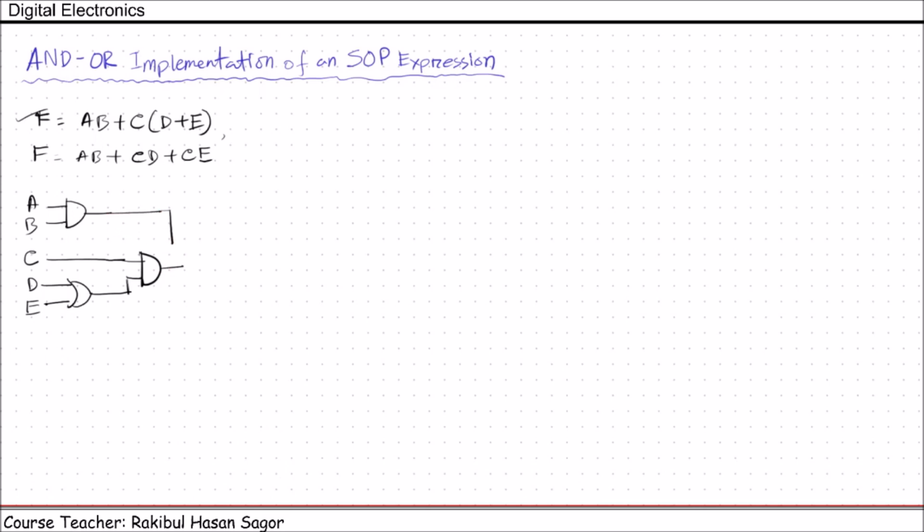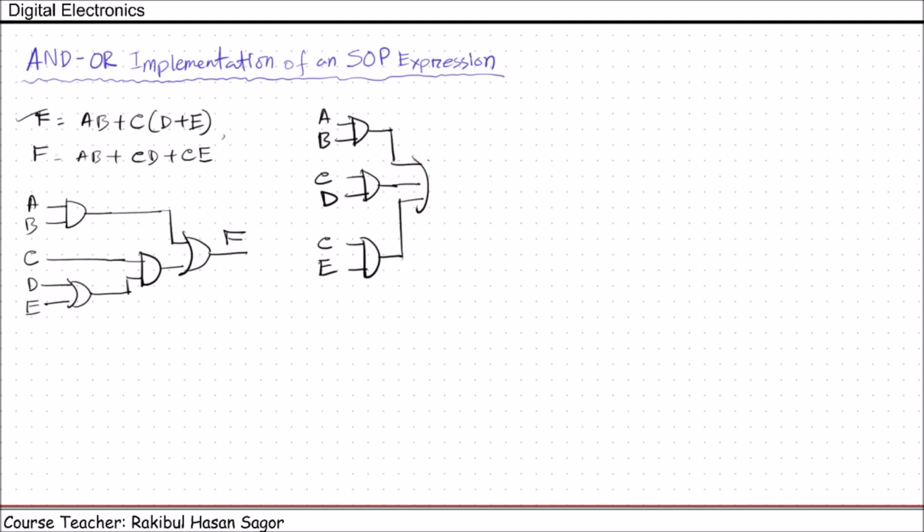Finally, this output will be ORed and we'll get f. Now if we implement the second function, a b, c d, c e: ab ANDed, cd ANDed, ce ANDed, all the outputs will be ORed together and we'll get f.